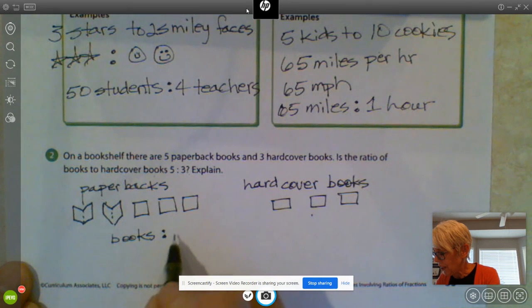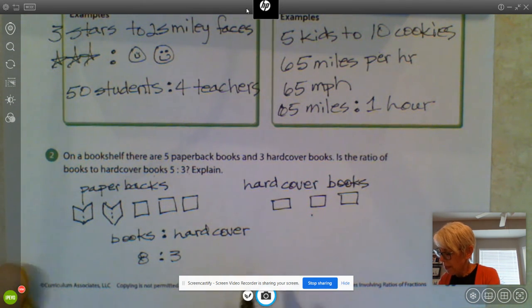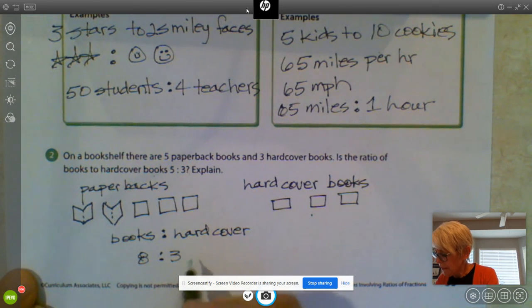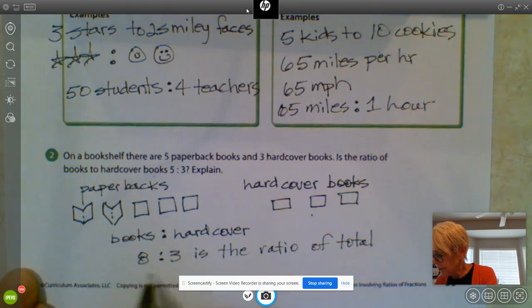So books to hardcover would be 8 to 3. 8 to 3 is the ratio of total books to hardcovers.